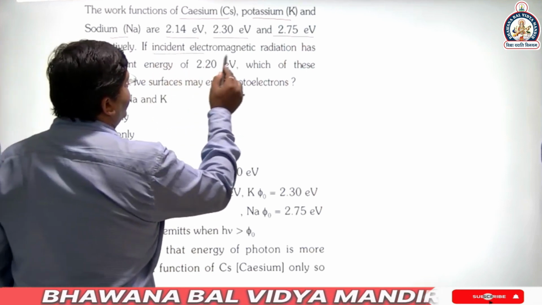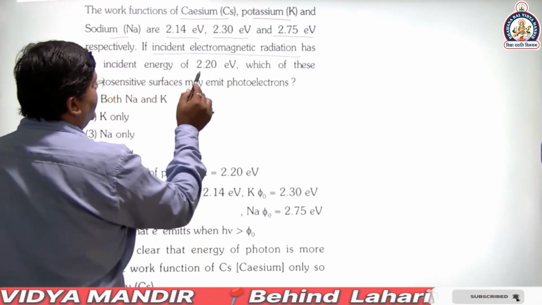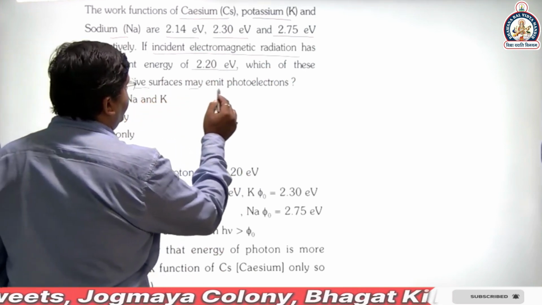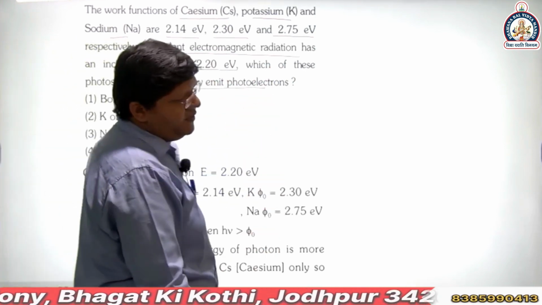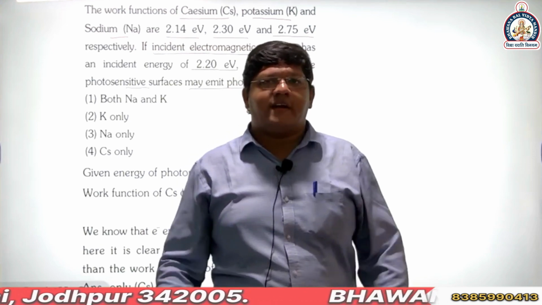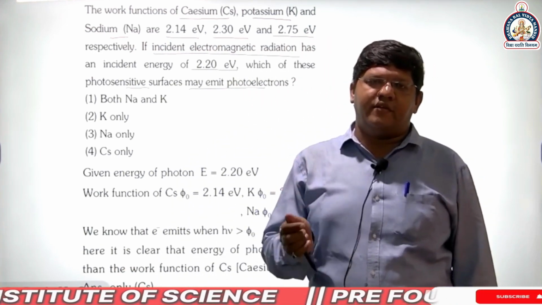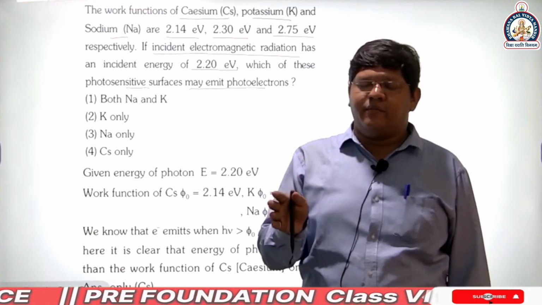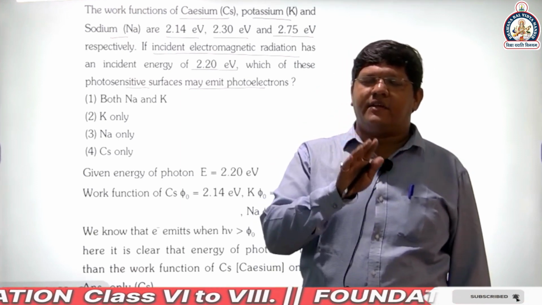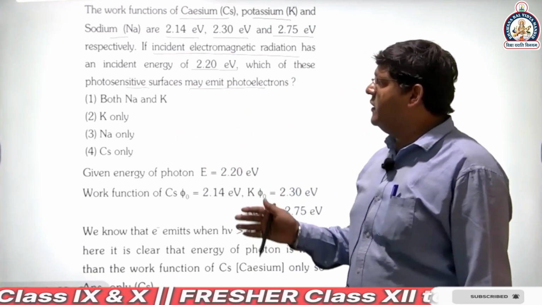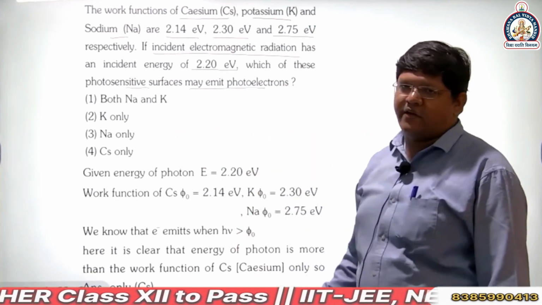If the incident electromagnetic radiation has an incident energy of 2.20 electron volt, which of the photosensitive surfaces may emit photoelectrons? The basic concept behind the photoelectric effect is that only if the energy of the photon is greater than the threshold energy may the electrons be emitted. So we have to calculate in which case photoelectrons may be emitted.